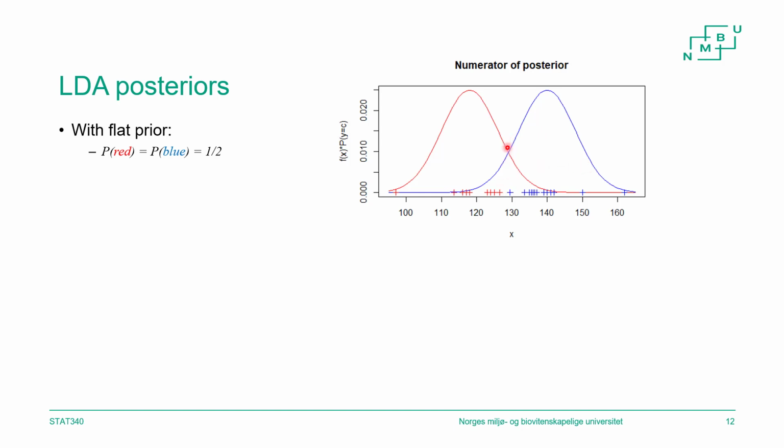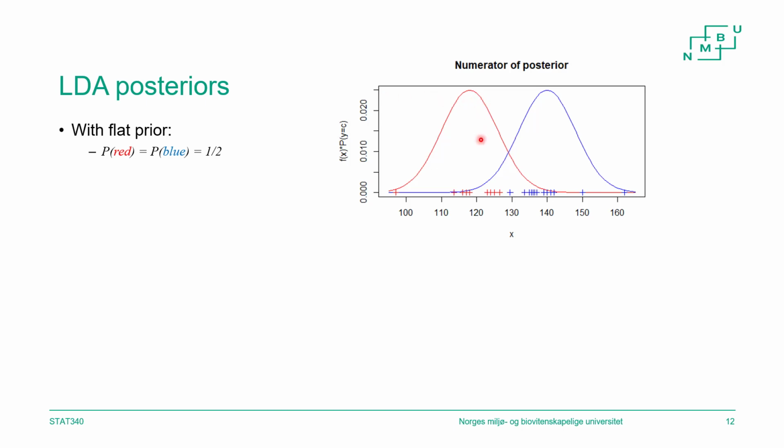And then we can see that decision boundary is here, the separation between the classes, because if you are on this part of the x-axis now, the red probability is bigger than the blue. Remember the Bayes rule, we always classify to the probability which is larger. So if you go in here, x equals 120, the probability of being in the blue class is pretty small, right? While the probability of being in the red class is much, much bigger.